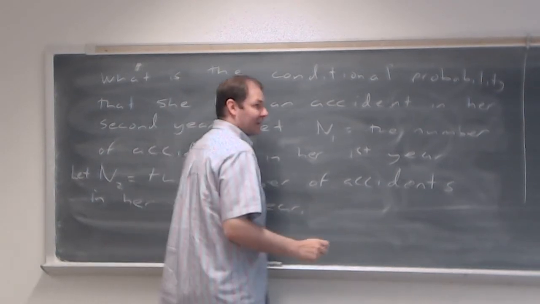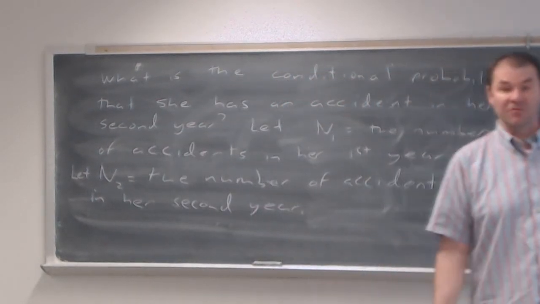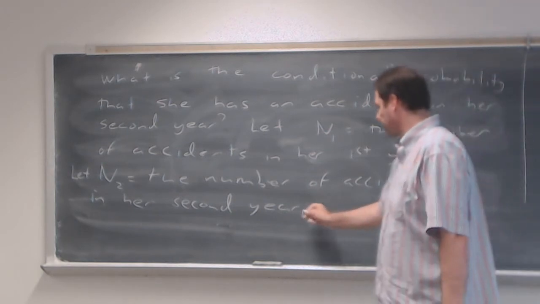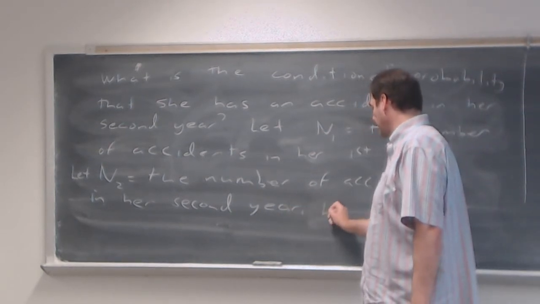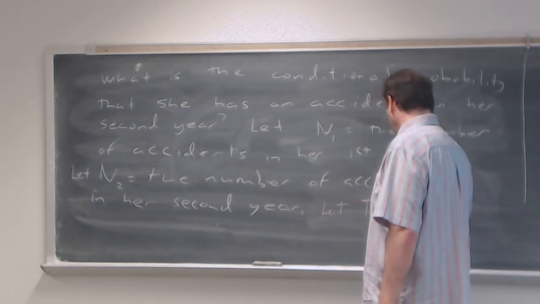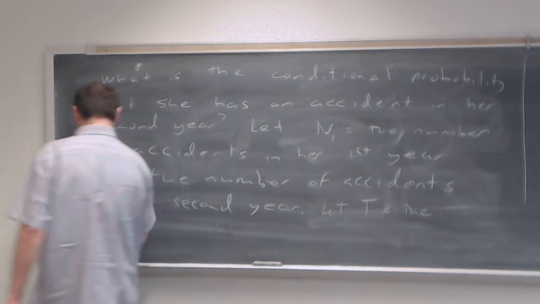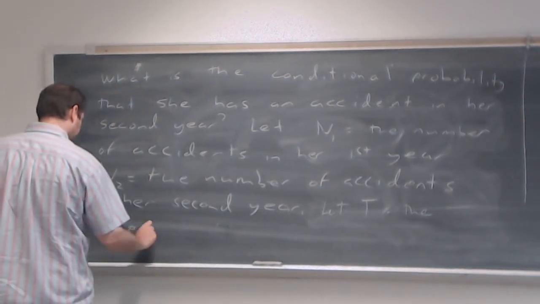I'm going to create another variable that's involved in the problem. We're going to let T equal the type of policyholder she is.